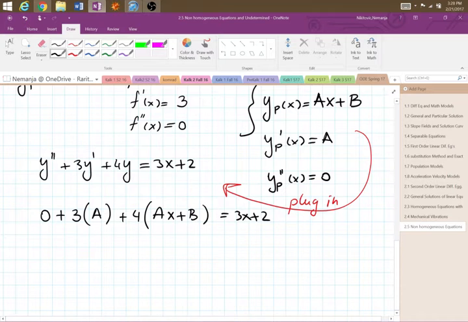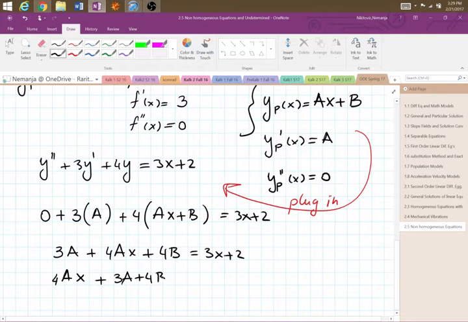So now we put all of these things together. I have 3a plus 4ax plus 4b is equal to 3x plus 2. Now we'll put 4ax first. That's the term with the variable. Then we have a constant term, which is 3a plus 4b, equal to 3x plus 2.